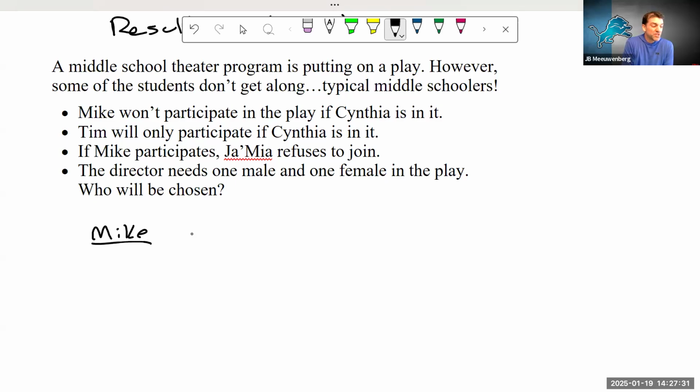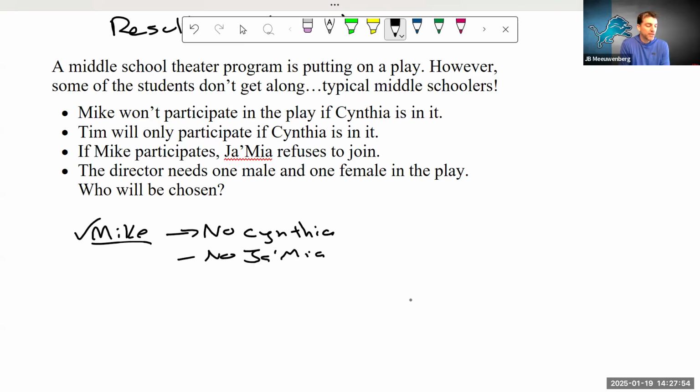So if Mike is chosen, that basically means no Cynthia. Okay, so let's just pretend for a second that we're going to say, yeah, Mike's in. Well, that means Cynthia couldn't be in, right? But then if we read this third bullet point, it says if Mike participates, Jemiah refuses to join. So no Jemiah.